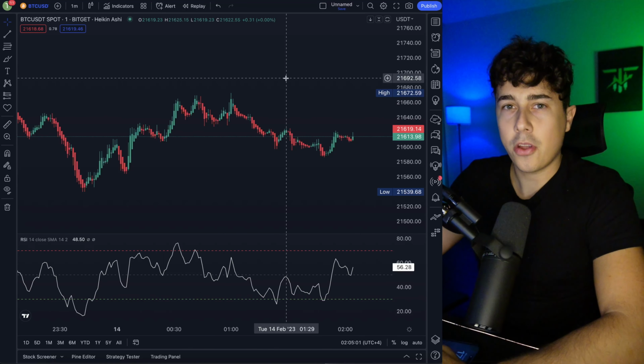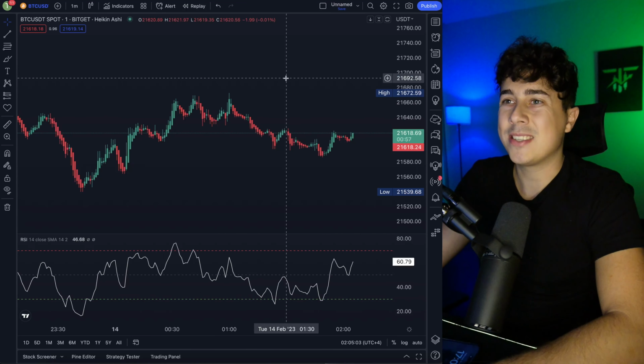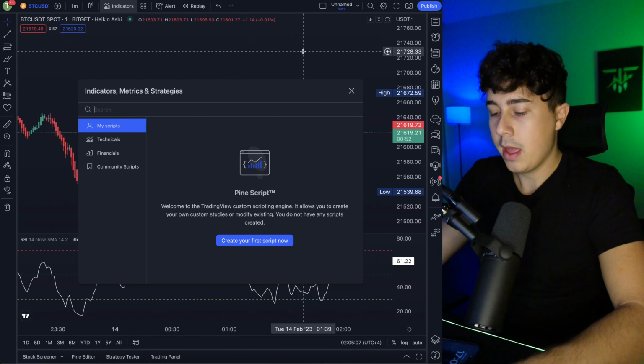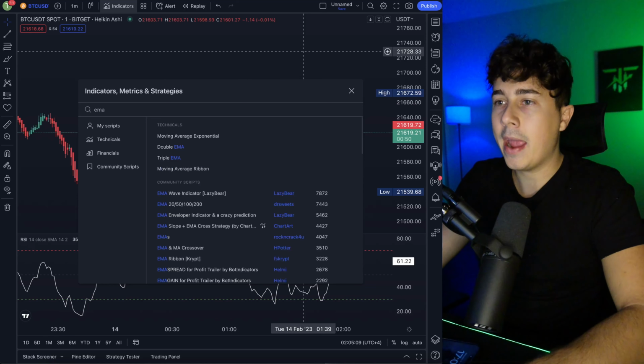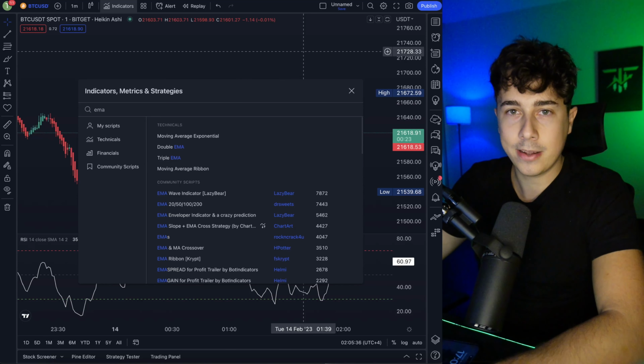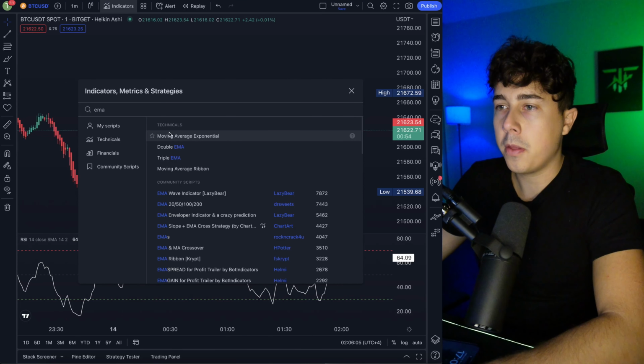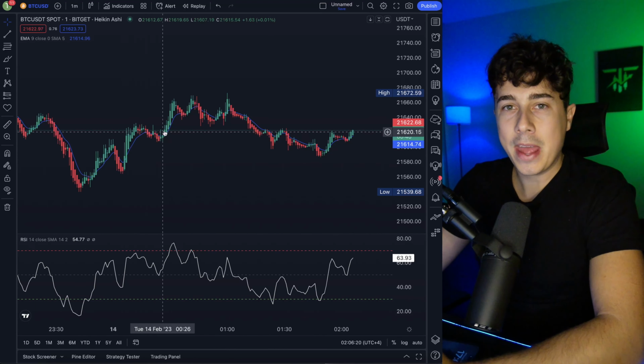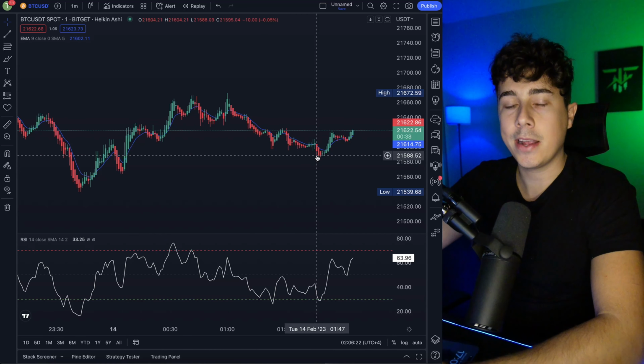So guys, but that's not all about the indicators. We also need our second indicator for today, and for this we go again to the indicators button. There we choose the EMA, the Moving Average Exponential. We click on it, and as you can see, the blue line comes onto our chart, and as the name says, the EMA gives us information about the average of the chart.